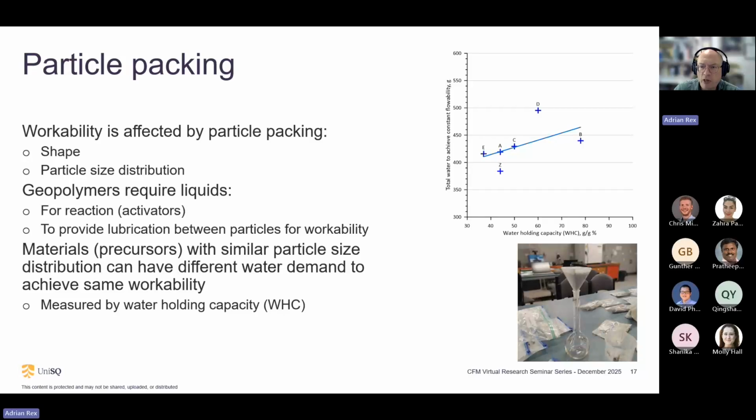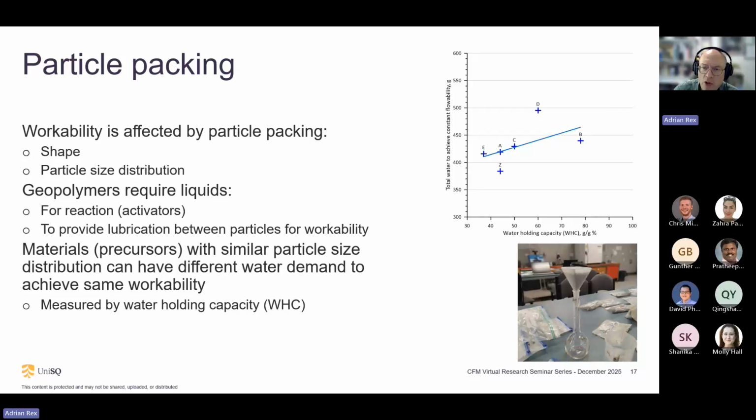And look, if we look at this graph here, we've got water holding capacity, so the amount of water that is held within the ash particles and between the ash particles, plotted against the spread for a standard concrete mix. So we saw earlier this morning Stephen's presentation where he was measuring the spread of concrete.